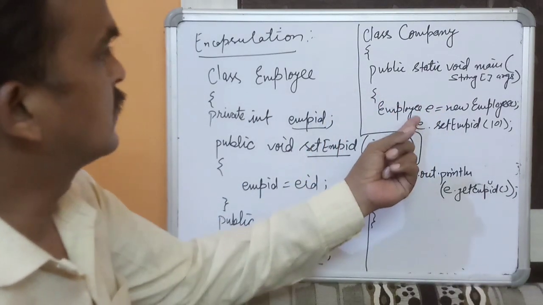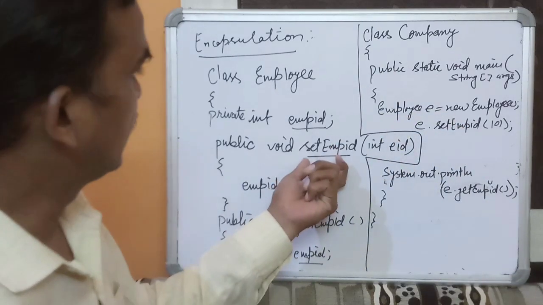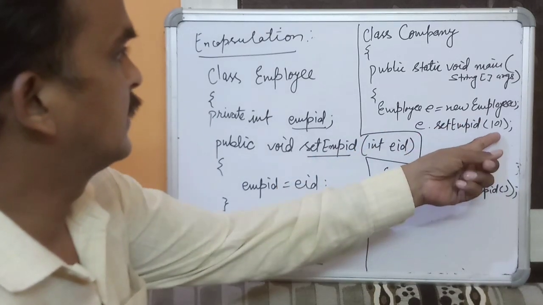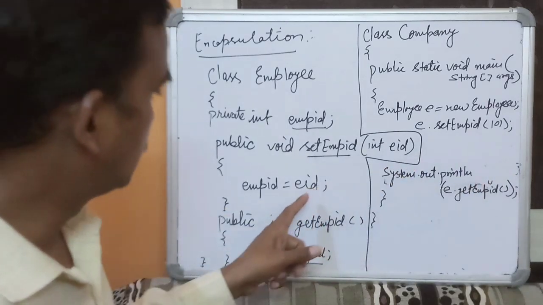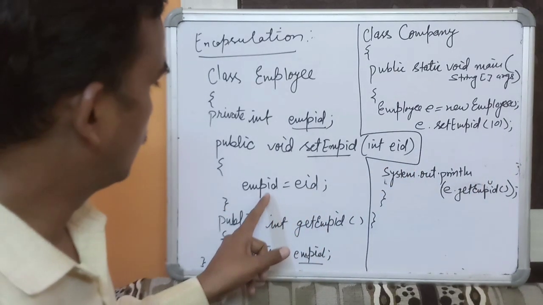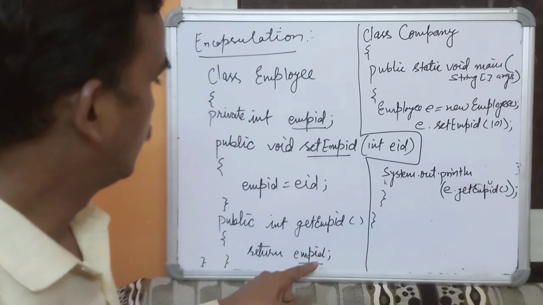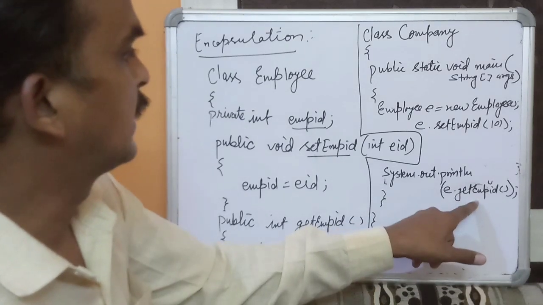Now in this we create one object, and that object will call the setter method. The setter method takes the value, that value comes here, and this will be called by get empid. Finally the get empid method will be called in the printing statement.